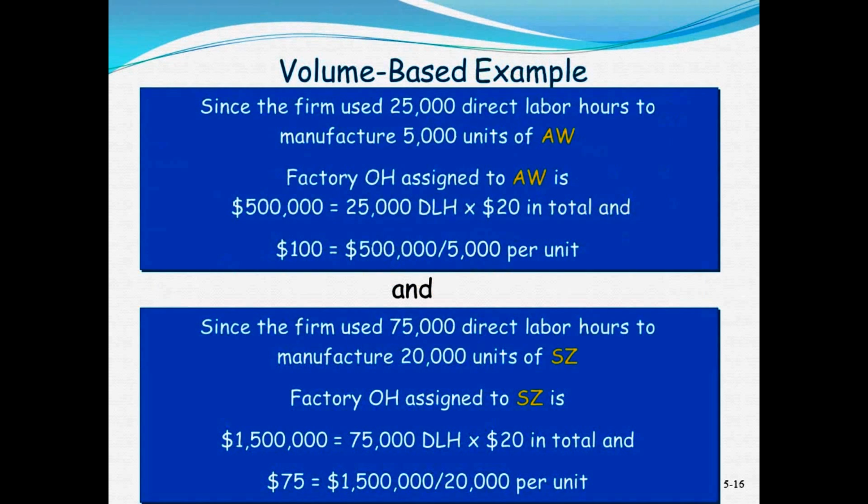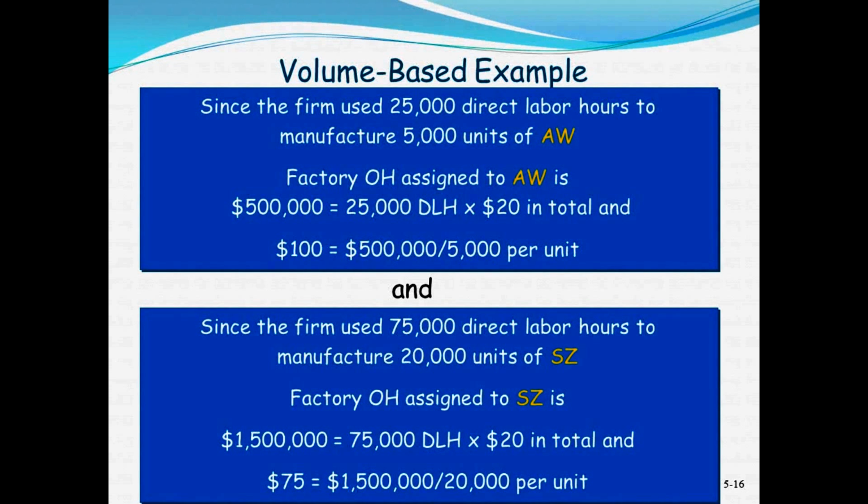Using that as your allocation, we know that AW used 25,000 of the 100,000 direct labor hours to make their 5,000 units. And so that would be 25,000 direct labor hours times $20 per hour. $500,000 would go to them, or $100 per unit.